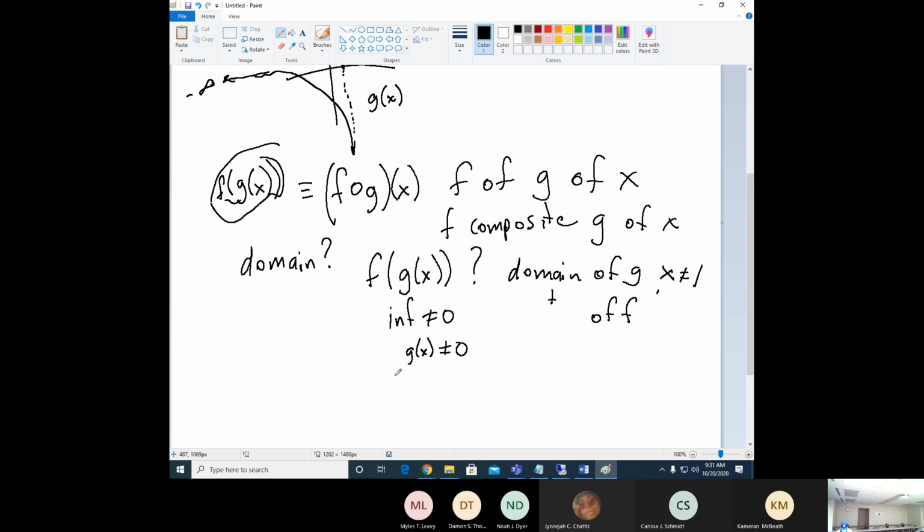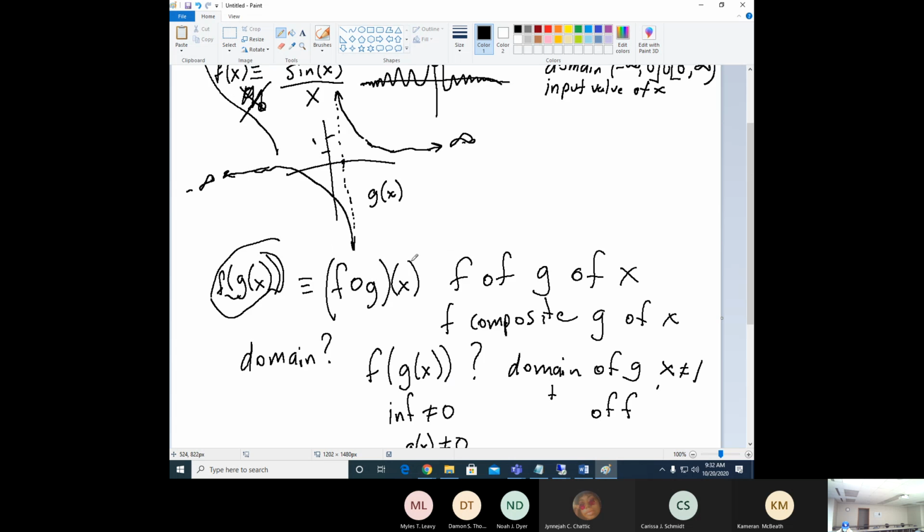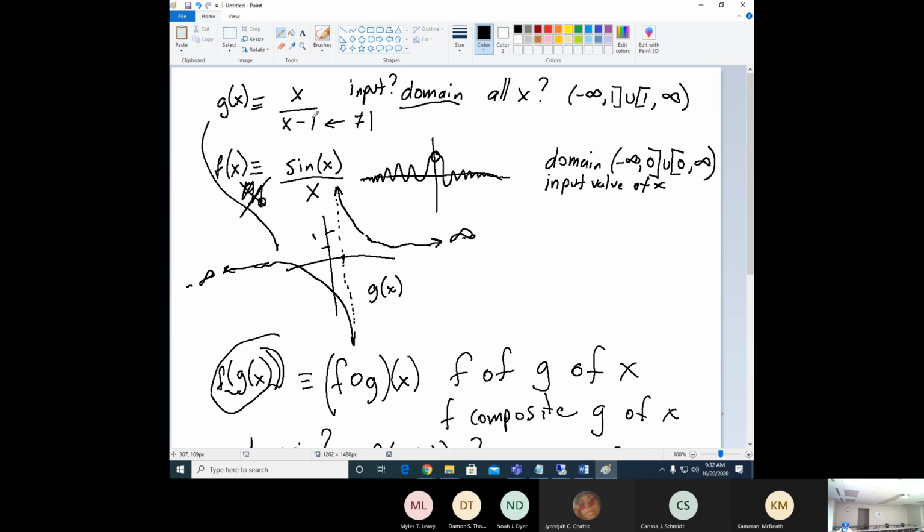So now I have to go back and figure out, for what value of x do I get a 0 when I feed it into g of x? Well, when do I get 0 out of g of x? Can you tell where?